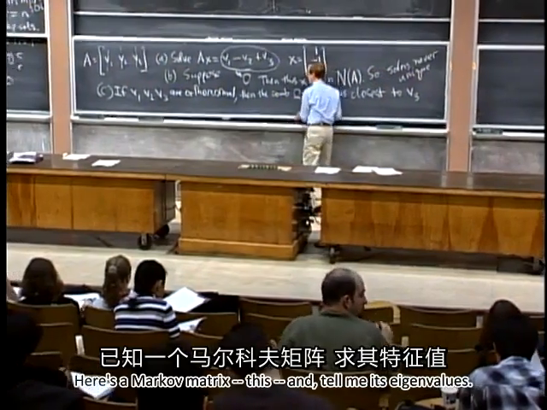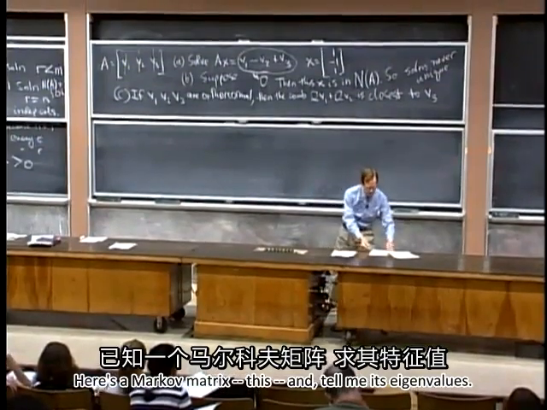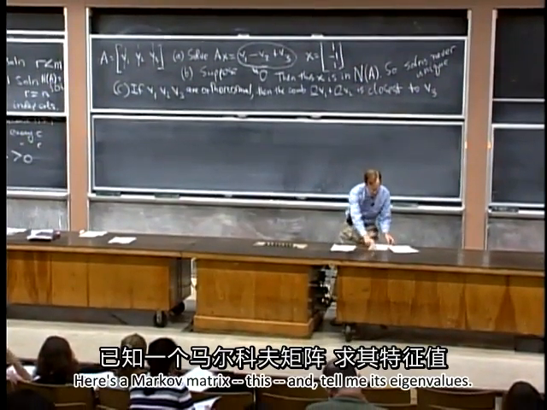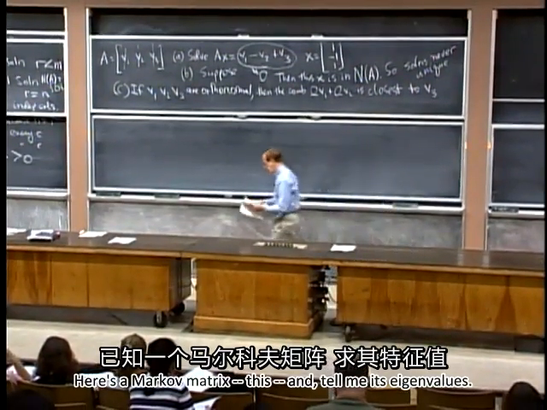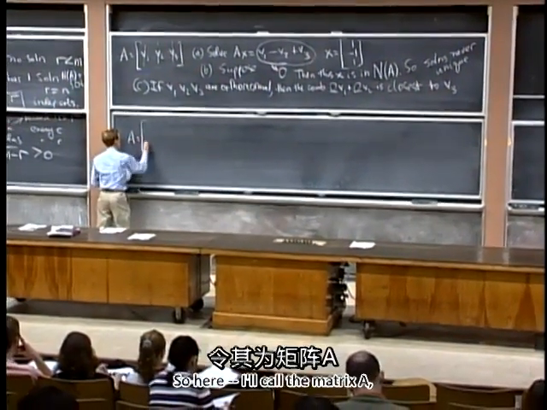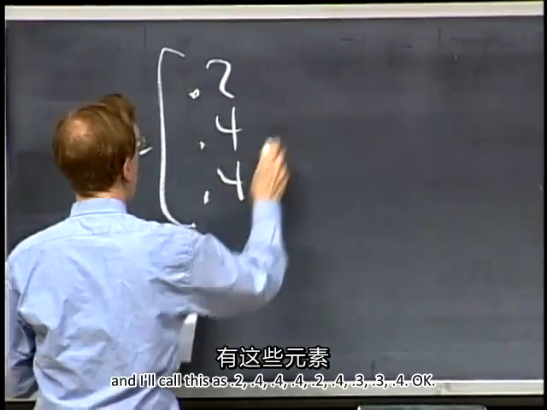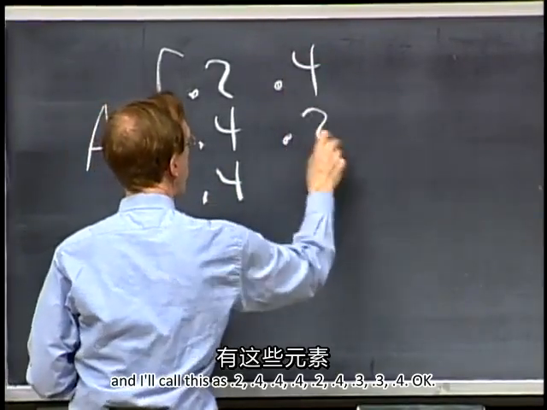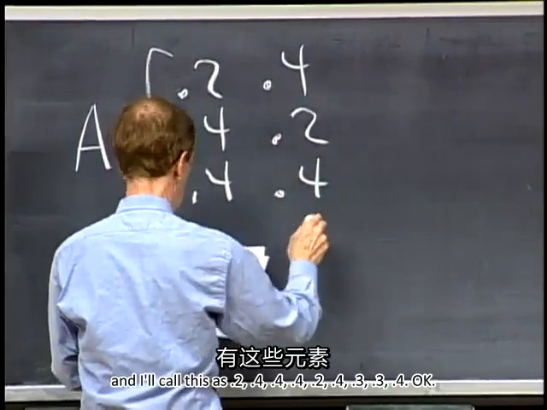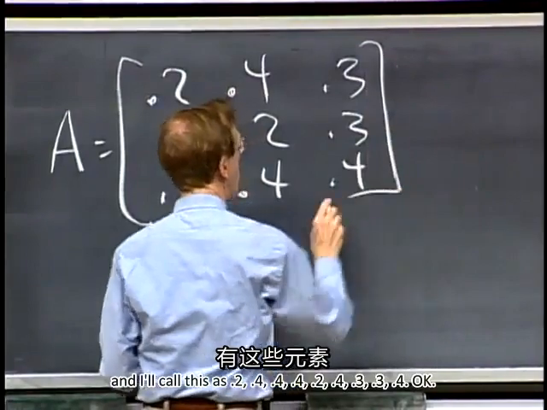Here's a Markov matrix, and tell me its eigenvalues. So I'll call the matrix A: 0.2, 0.4, 0.4, 0.4, 0.2, 0.4, 0.3, 0.3, 0.4. Okay.